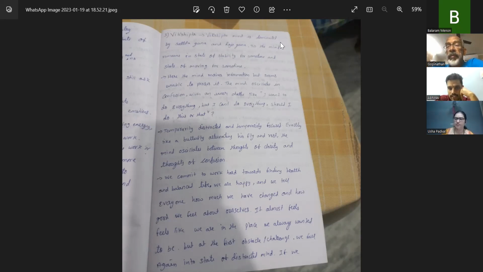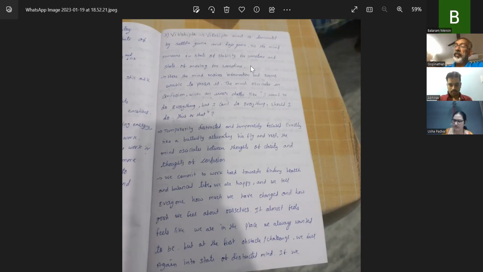So the mind remains in the state of stability for some time and the state of moving for some time. Why? Because the two gunas are dominating. If only Rajoguna is dominant, then the mind is moving. But Sattva Guna is also there. So because of Sattva Guna, what happens? There will be stability.